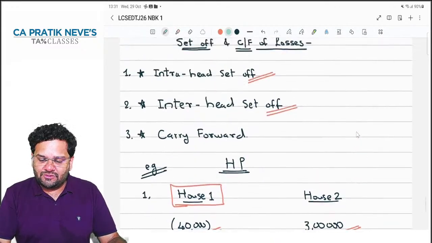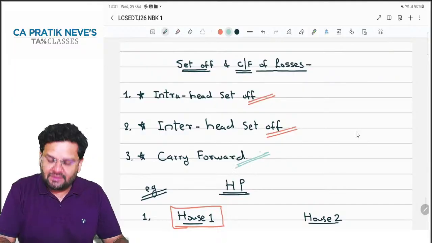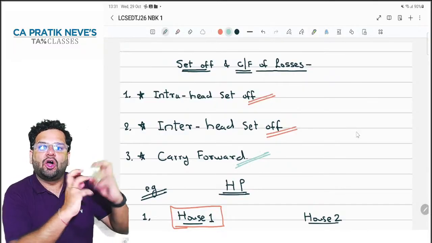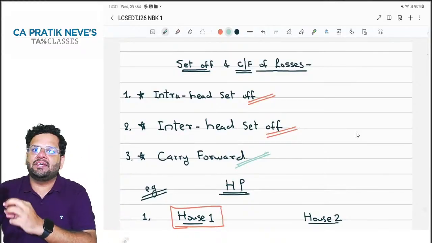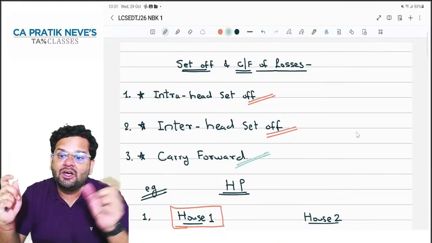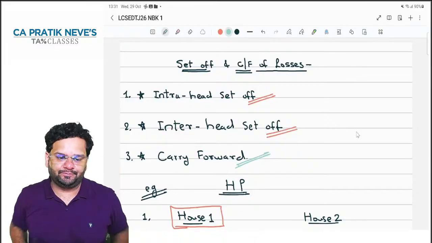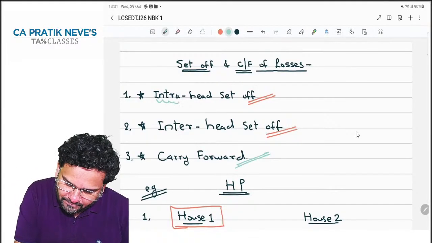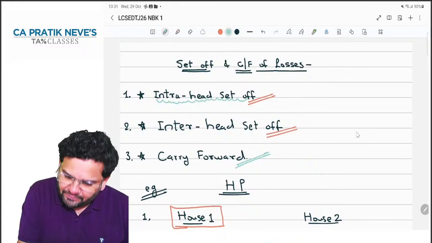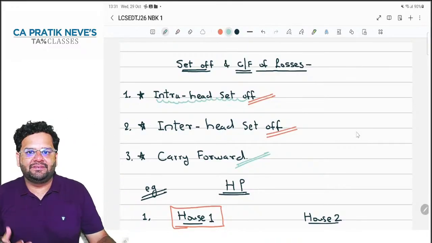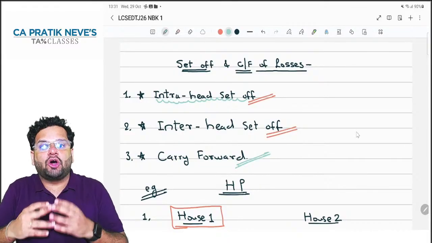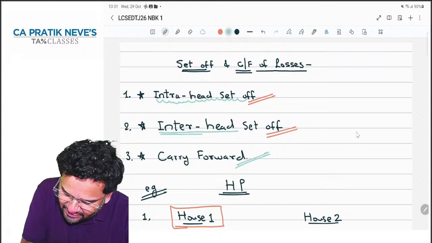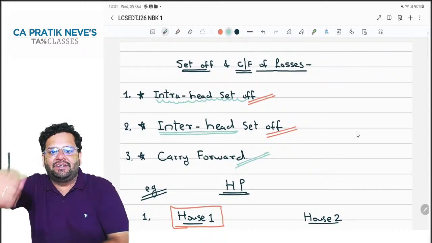So what is the sequence, friends? Tell me what is the sequence. First, you will try to set off loss of one source against income of another source within the same head. That is called intra-head. After intra-head, if there is still loss, you will try to set off with income from another head. That is called inter-head.